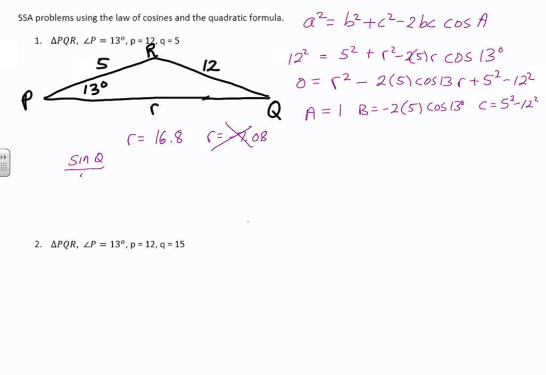Sine Q over 5 is equal to sine 13 over 12, and sine Q is equal to 5 sine 13 over 12. Angle Q, I'm going to calculate on the calculator.